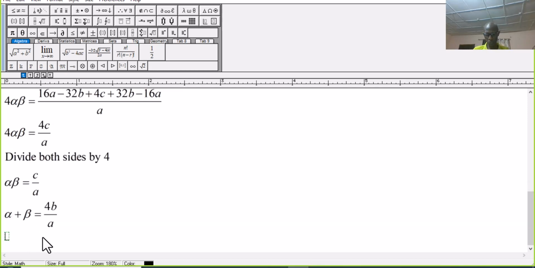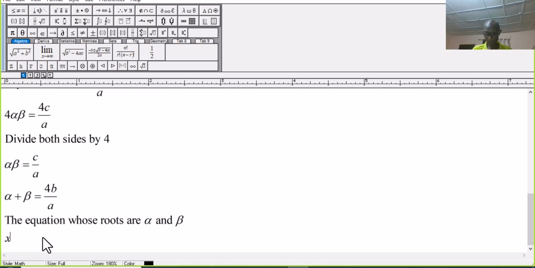So we can get the new equation whose roots are alpha and beta. So that will be x squared minus alpha plus beta into x plus alpha beta equals to 0.